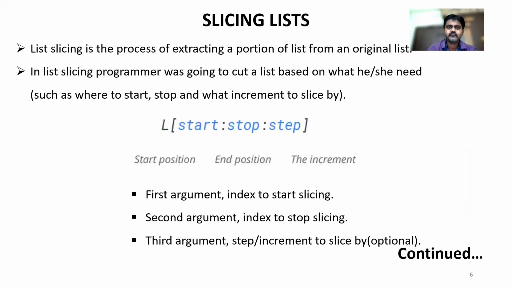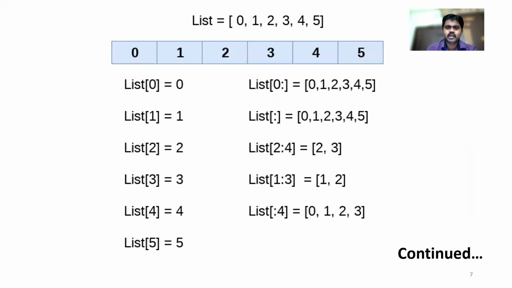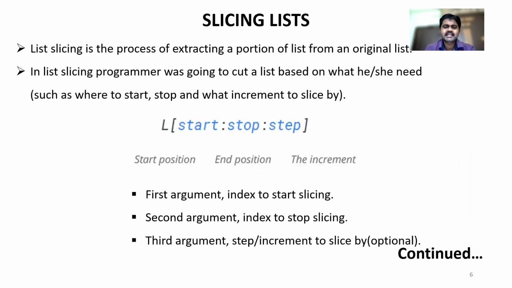Okay, so next, slicing a list. List slicing is the process of extracting a portion of a list from an original list. So what are start, stop, and step?